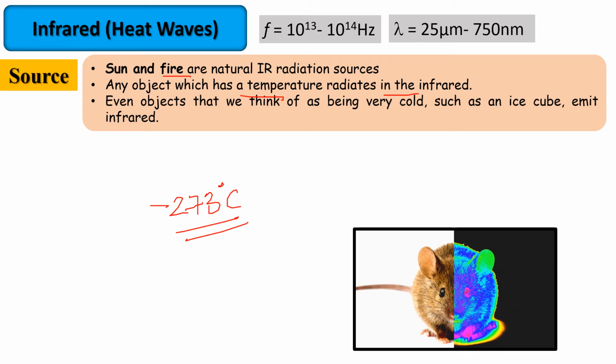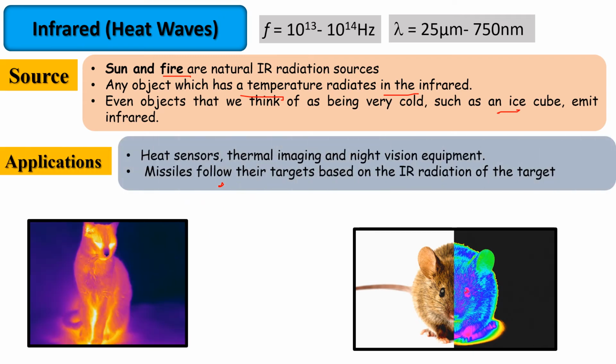Hence, even objects that we think of as very cold, such as an ice cube, emit infrared because this is above minus 273 degrees Celsius. Now the applications for this: these are used as heat sensors in thermal imaging and night vision equipment.